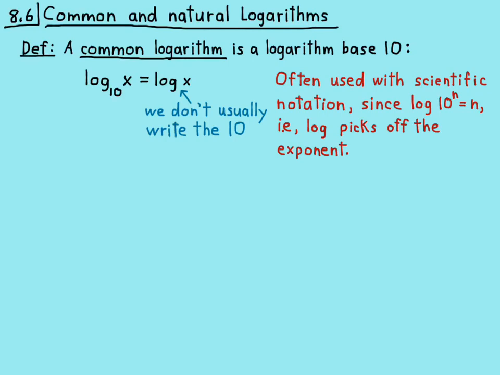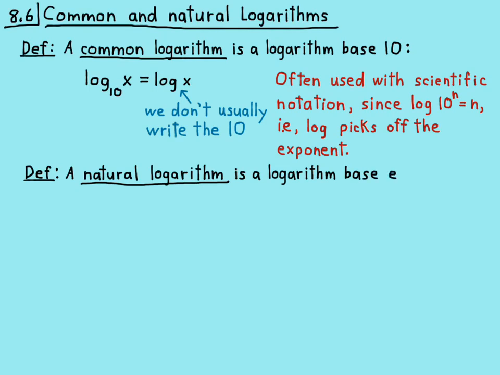So say you had 3 times 10 to the 25th, and you took log base 10 of it, you'd get 25 point something. You see how that works? So scientific notation and base 10 go together really, really well. So they use it a lot in astronomy. They use it a lot in things with really small numbers like biology.